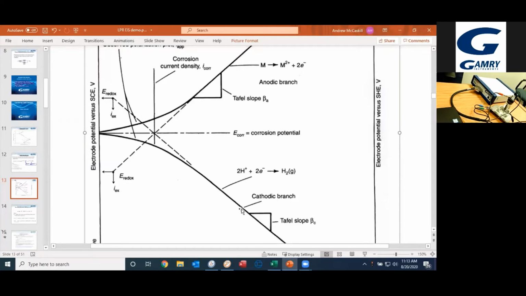But if you can first extrapolate the cathodic branch, have that cross over our observed E core value, and then start from the origin of there and draw a line tangent to the anodic branch, that's probably a good rule of thumb to get an accurate value for the slope for the anodic Tafel constant. The cathodic Tafel constant's a little bit easier, but we'll see that as we move forward to actual experimental data here.